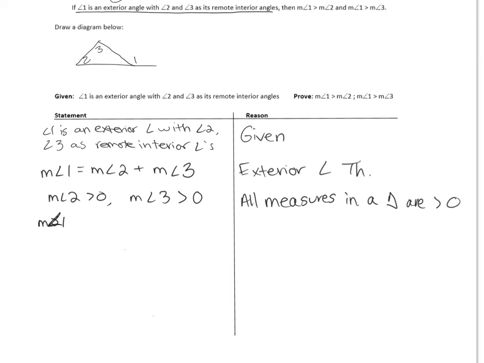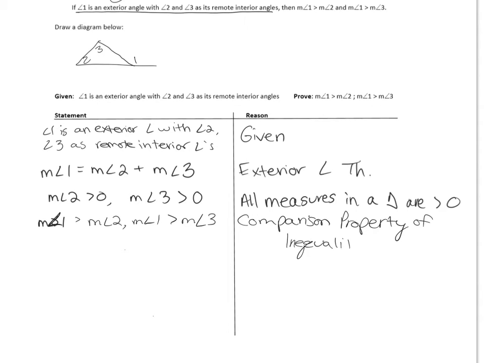The measure of angle 1 must be greater than the measure of angle 2, and the measure of angle 1 must be greater than the measure of angle 3 by the comparison property of inequality. We're done with the proof.